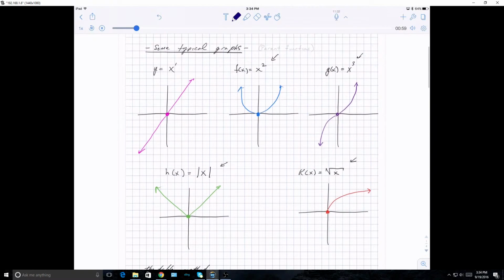So these typical graphs are what we really call parent functions. Okay, but we'll get into more of that much later. All right, just to have a basic idea.